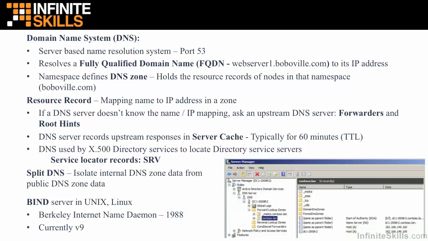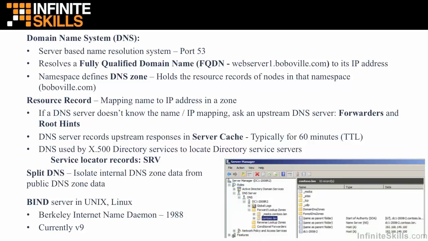DNS is basically a database that holds the mappings of these friendly names, called fully qualified domain names, and it maps that fully qualified domain name to the IP address so that the network stack can actually use the network to transmit the frames back and forth. Now, the holder, the container, if you will, for these server names is called the DNS zone.